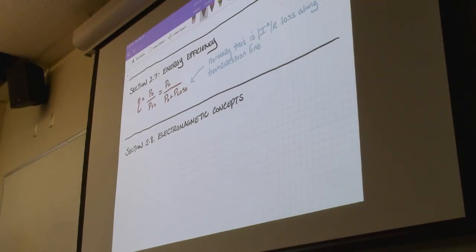So we're going to revisit some topics that you probably talked about in earlier physics classes. We'll get into a little bit more depth with regard to those, and then we'll start building the base of how we're going to branch that over to understanding how transformers and synchronous machines work.